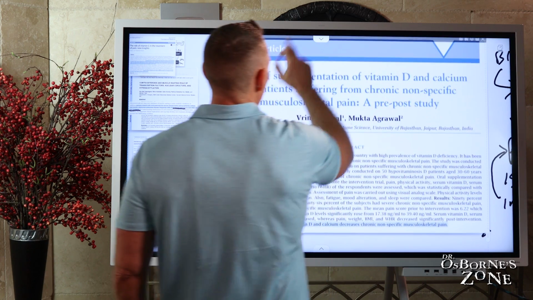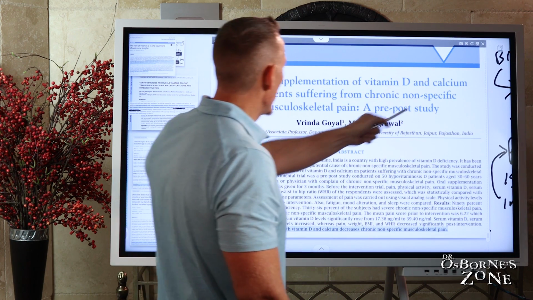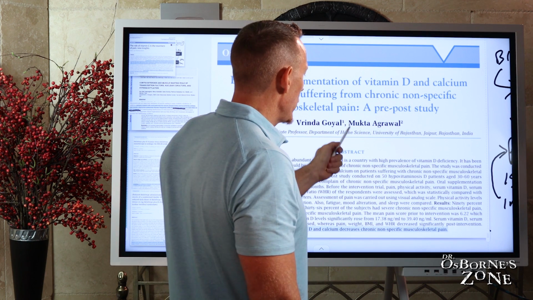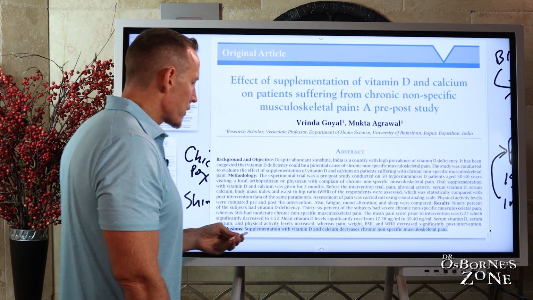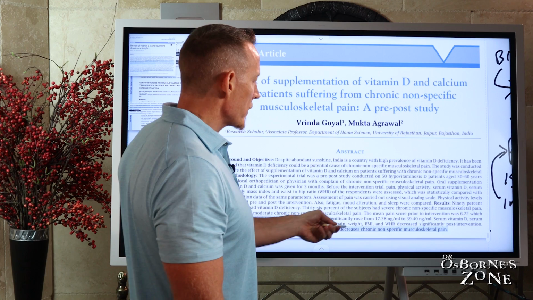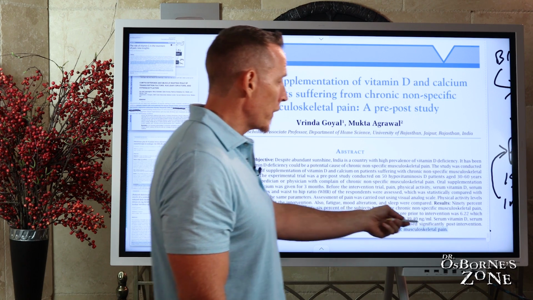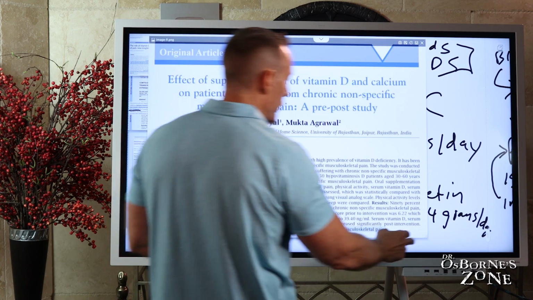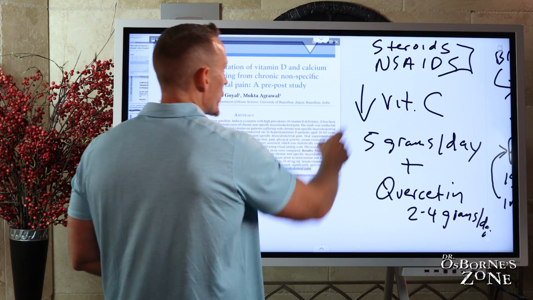Something else I wanted to point out is this study on the supplementation of vitamin D and calcium in patients suffering from chronic nonspecific musculoskeletal pain. And you can see here the conclusion of the study: supplementation with vitamin D and calcium decreases chronic nonspecific musculoskeletal pain. Again, let's tie that back to what we just said with steroids.